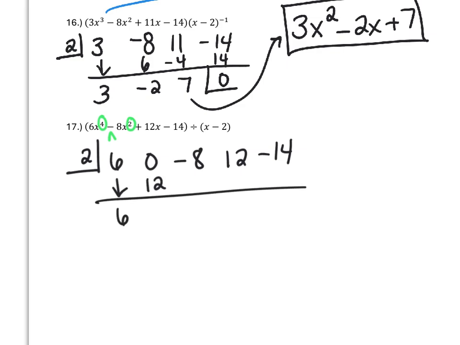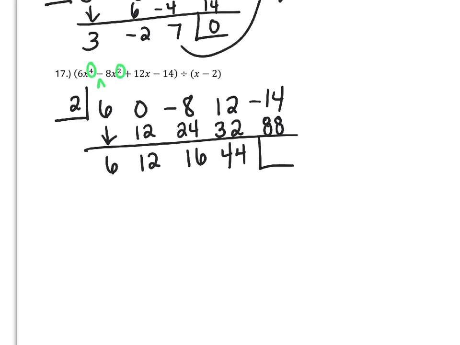2 times 6 is 12. Add. 2 times 12 is 24. Minus 8 is 16. 2 times 16 is 32. 44. 2 times 44 is 88. This does not give us a pretty remainder, so we have to write it accordingly. So 88 minus 14 is going to be 74.